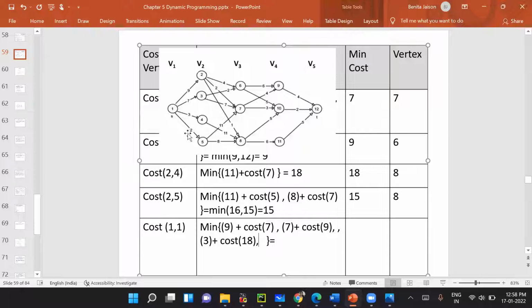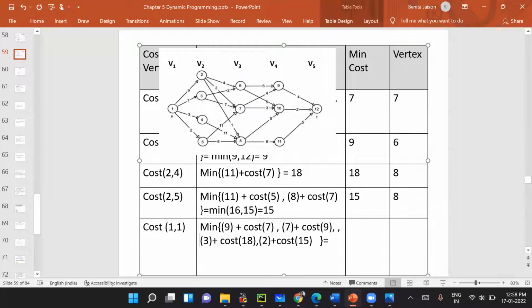Which is the edge from 1 to 5. What is the edge cost from 1 to 5? It is 2. And what is the cost of vertex 5? From the table, it is 15.